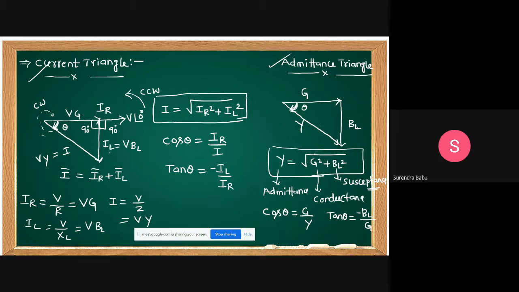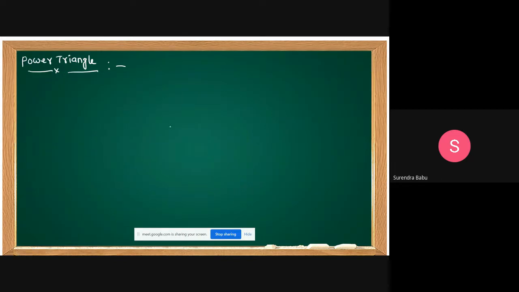To get the power triangle, each vector is multiplied by. In a series circuit I multiplied with I square term. But here which is the reference? Voltage is the reference. You multiply with V square term to represent the power triangle.